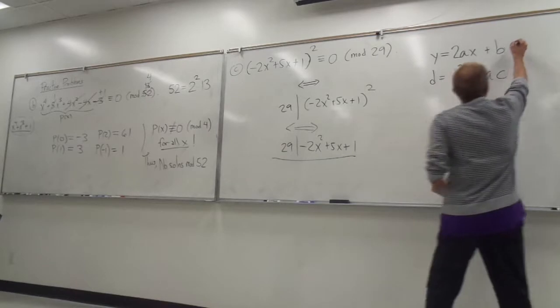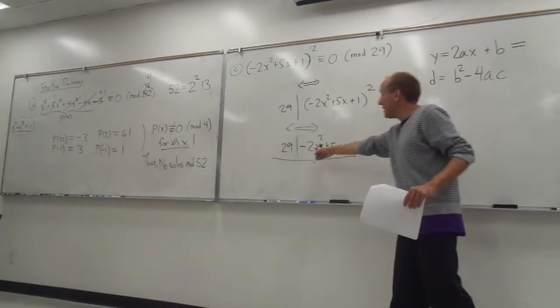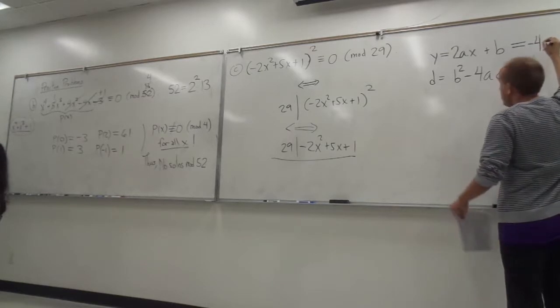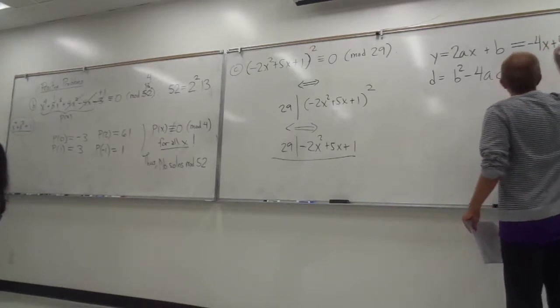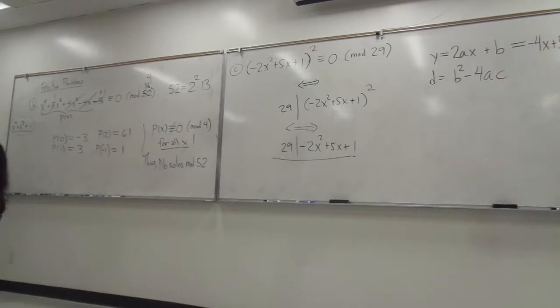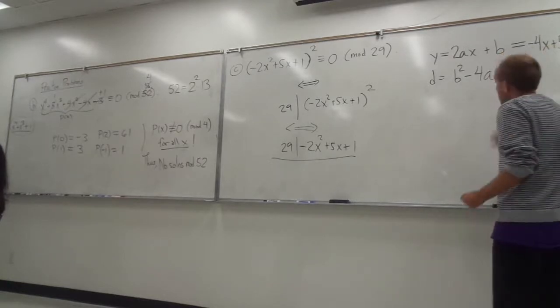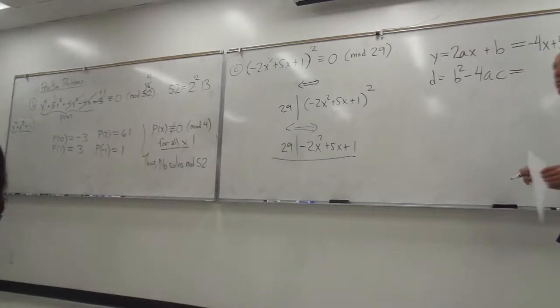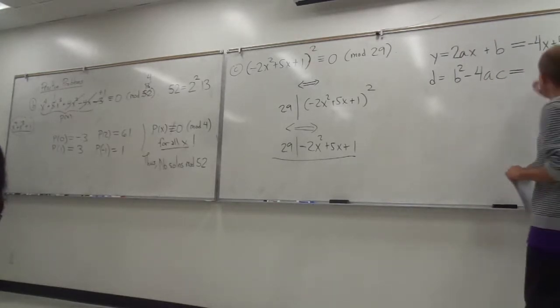So let's plug in the numbers that we know. The a is negative 2, so we're going to get negative 4x, and the b is 5. So negative 4x plus 5 equals y. And then for the D equation, we have b squared, which is 25, minus 4ac. We're subtracting negative 8, so I believe that comes out to 33.